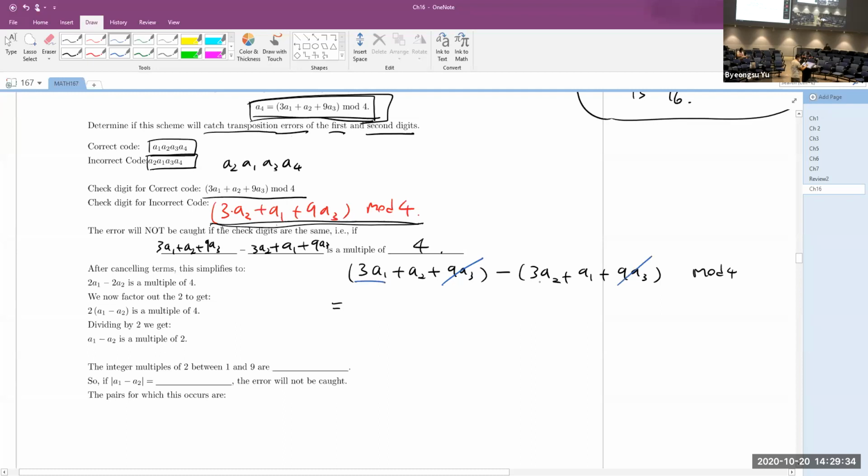And 3A1 minus A1 is 2A1, and A2 minus 3A2 is minus 2A2.